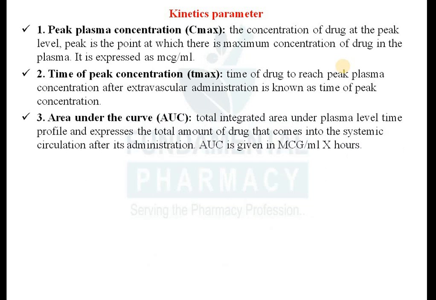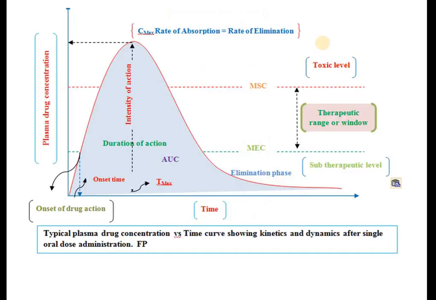Okay. Now next is area under curve. The total integrated area under the plasma level time profile expresses the total amount of drug that comes into systemic circulation. Okay, as I am showing, all this yellow portion is nothing but the area under curve, and it will show you the amount of drug that will be absorbed in the body.